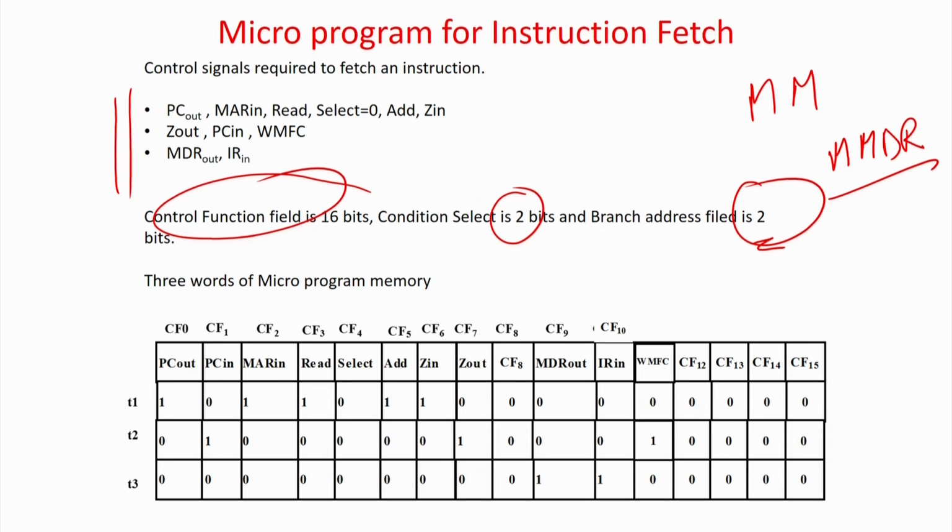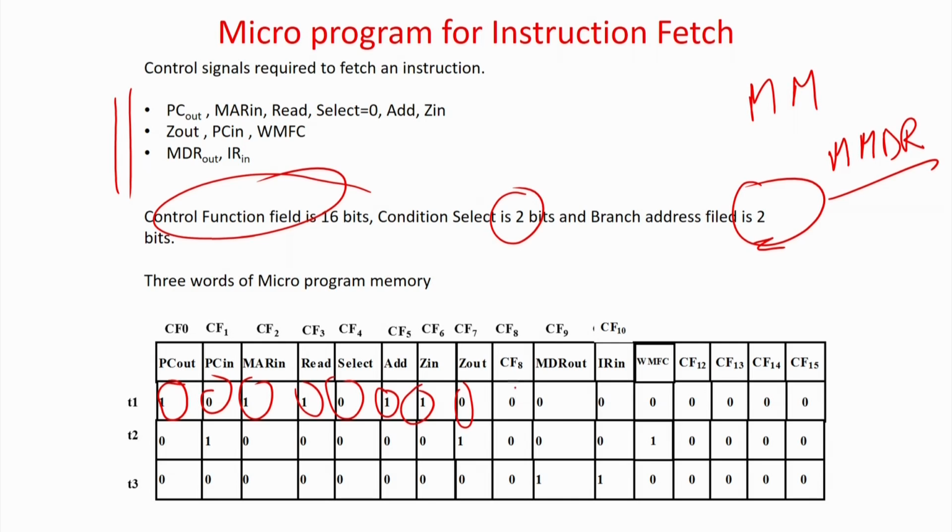So in this first cycle, PC out is 1, so I will store a 1 over here, PC in is 0, and all other signals which are not mentioned over here are basically 0. MAR in, I will put a 1 over here, read I will put a 1 over here, select 0 over here, as already told, add is to be 1, Z in to be 1, and of course all other signals here are basically 0, because I do not require them, so basically put them as default 0.